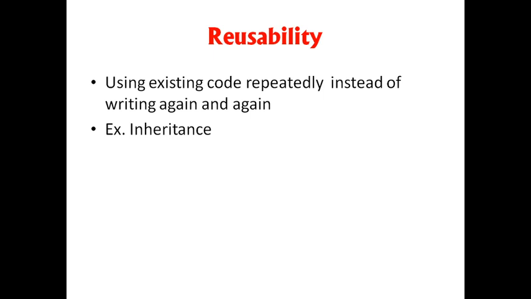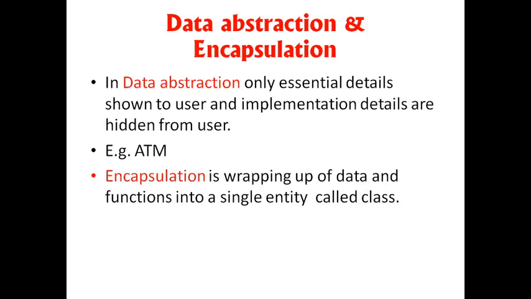That means existing code or an existing function or module can be used again and again instead of writing it again. That is called reusability. An example is inheritance, where parent properties are already accessed by the child.